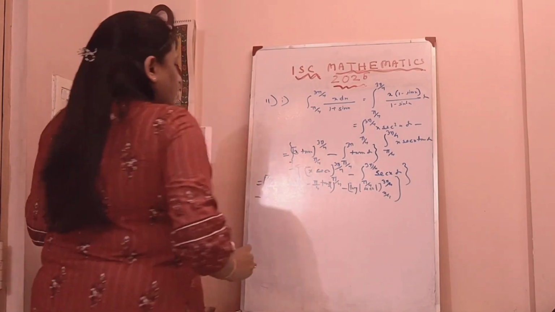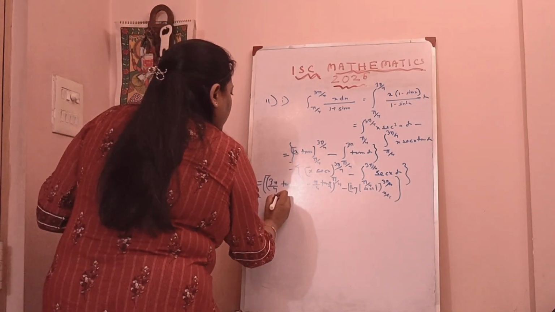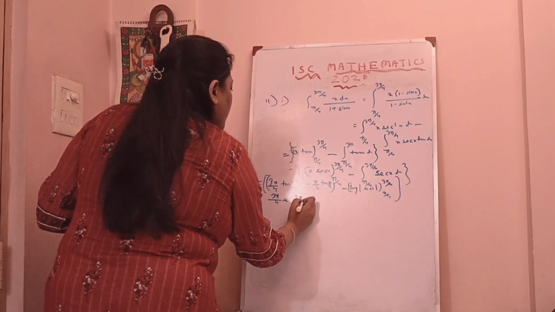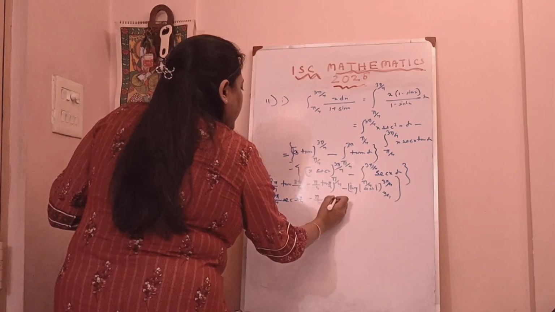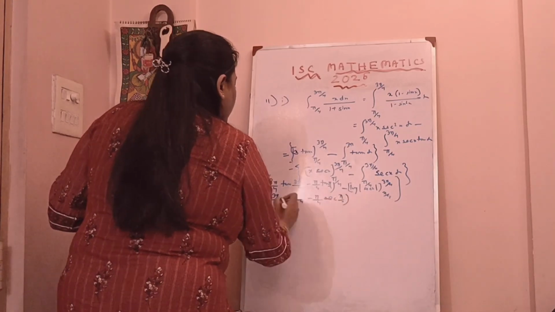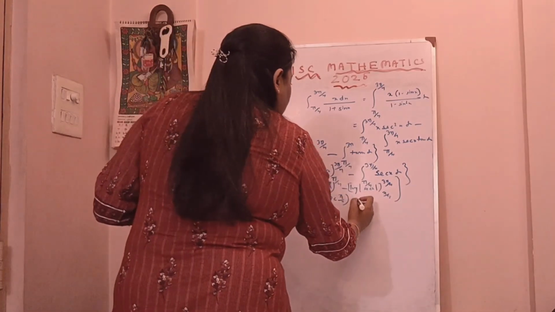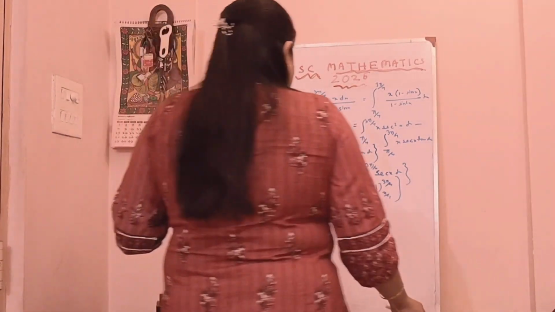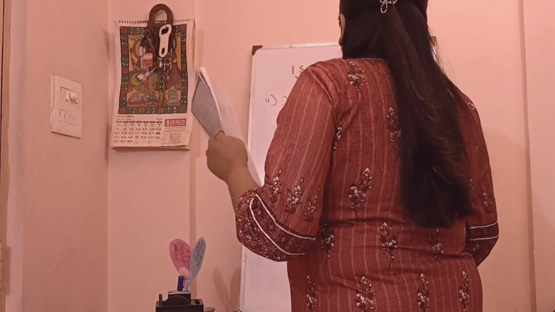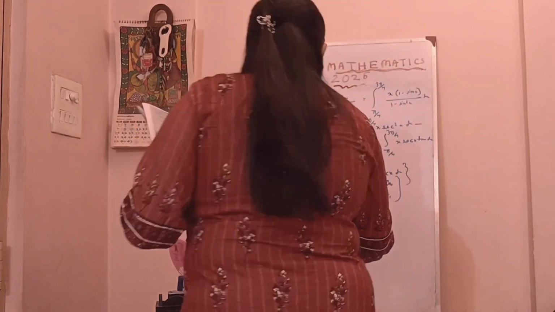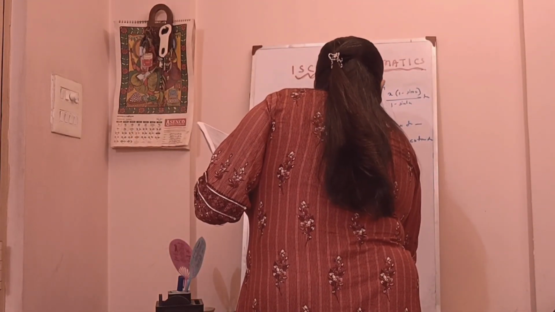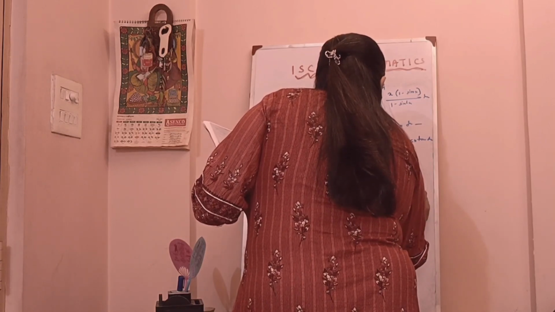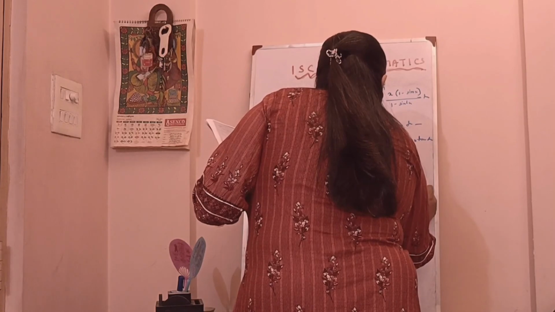Then the first part is done, and in the second part we have 3 pi by 4 sec 3 pi by 4 minus pi by 4 sec pi by 4, minus the integration of sec x, which is log mod sec x plus tan x, from 3 pi by 4 to pi by 4.